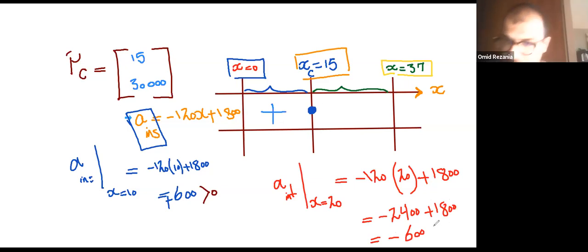This minus 600, which I got here, is less than 0. Then we see that for a random number from 15 to 37, I get a negative result, which represents the behavior and nature of the numbers in this interval, meaning it's going to be negative.